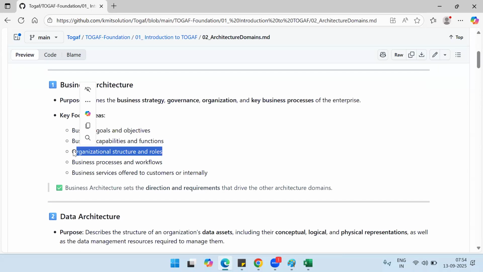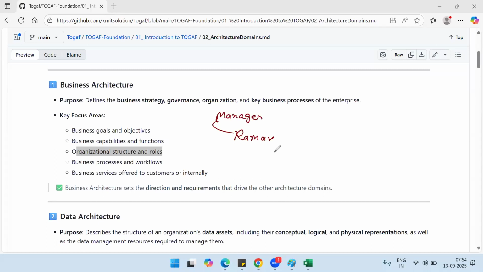What does it mean? It means that, for example, I need to know that this is Raman, and who is the manager of Raman. So that if Raman is not doing well, is not delivering something on time, I need to contact his manager. So you need to know your business, where it stands.